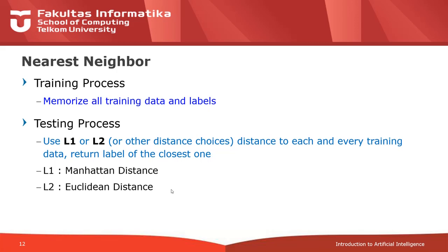And for calculating the similarity or distance between one image and another image, we can usually choose between L1 or L2. If L1, then we will use Manhattan distance. If L2, that means Euclidean distance.